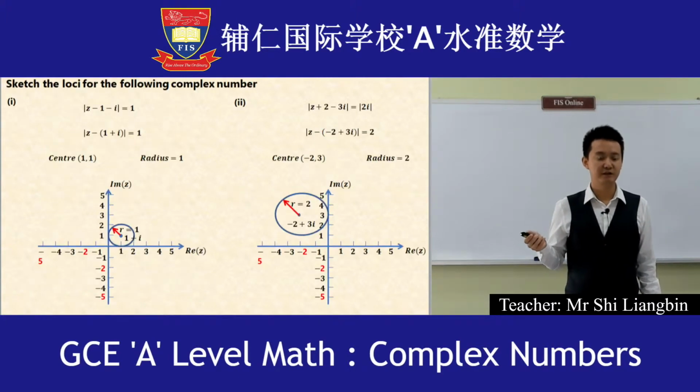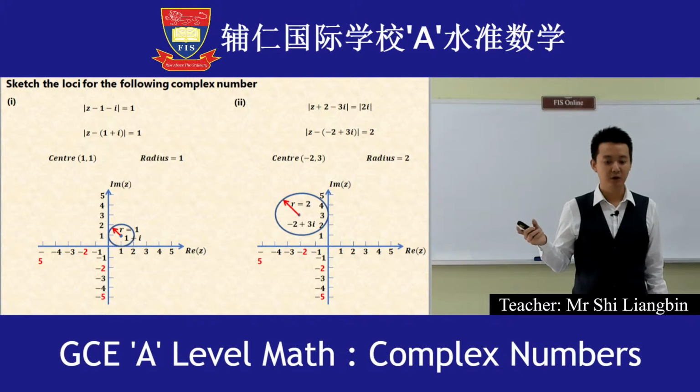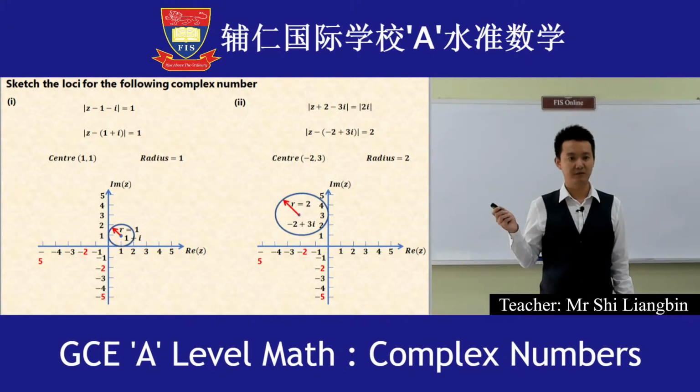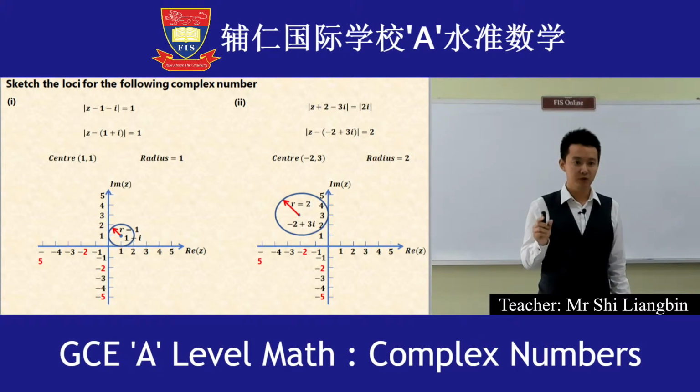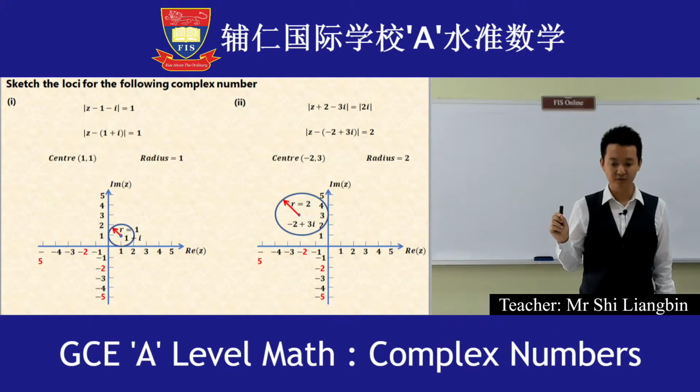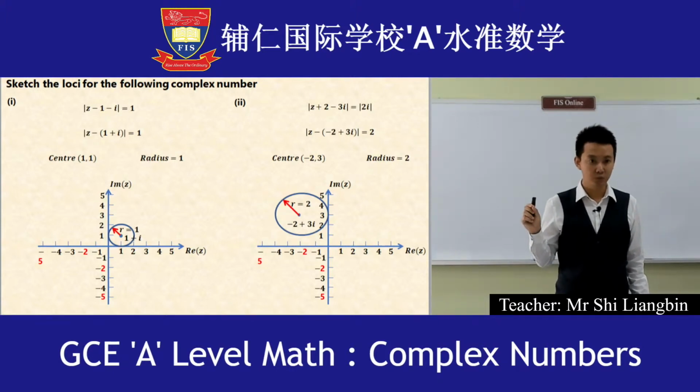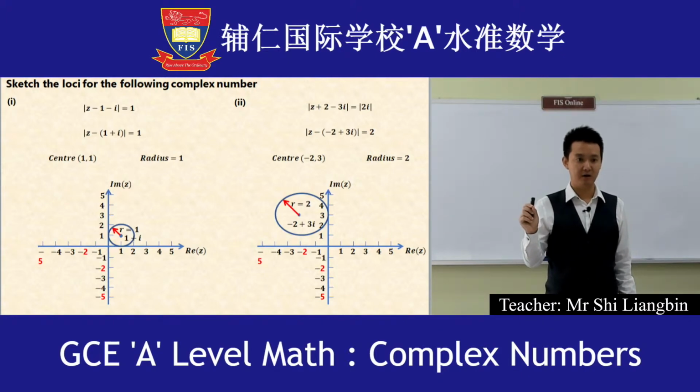As you can see from the first example here, we have modulus of z minus 1 minus i is equal to 1. First of all, you need to convert it into the standard formula, z minus (a plus bi). So we need to change it into z minus (1 plus i) is equal to 1, which you can see from our standard formula.